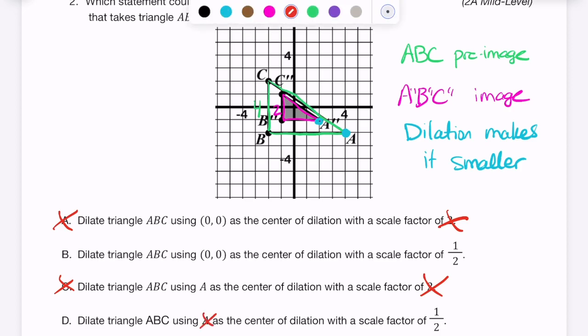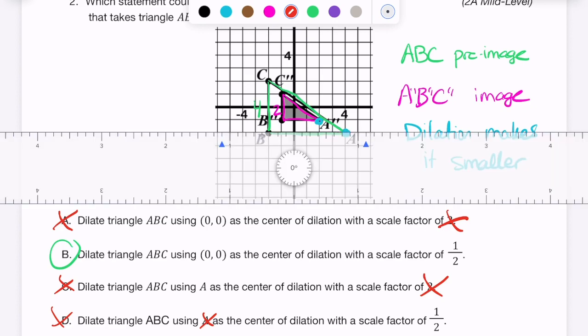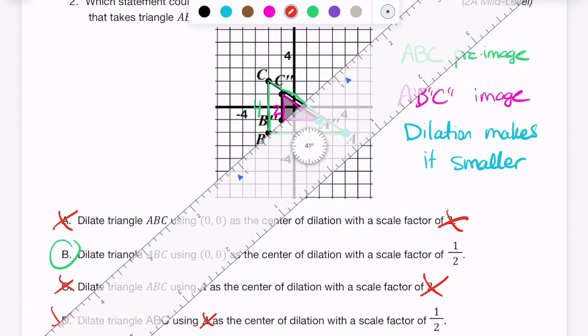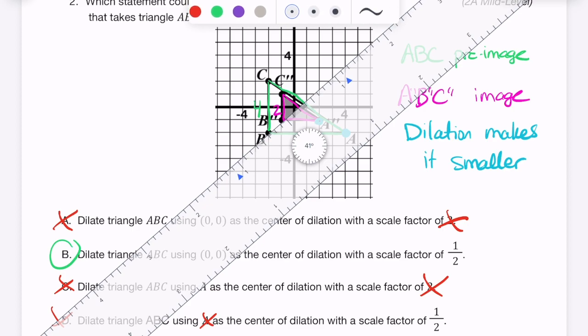So it's going to have to be B, but we can also see that from using our ruler. The way to find the center of dilation is you connect the corresponding points with lines. Here is point B, here's B prime. I draw a line that connects them.